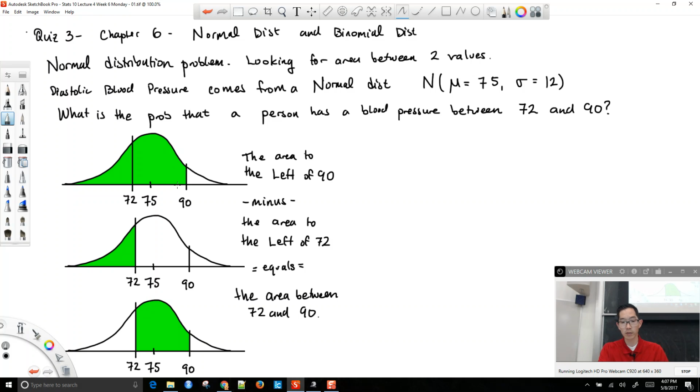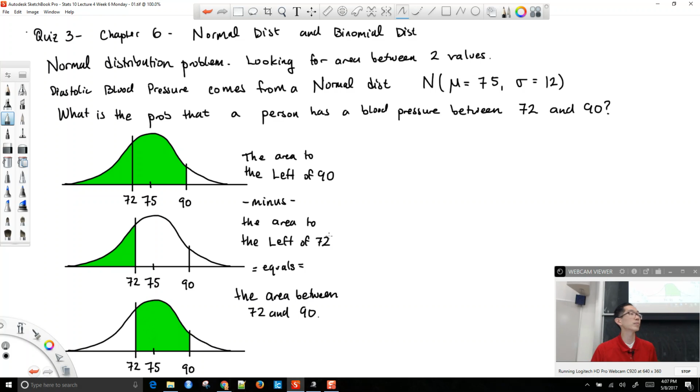So do we see that visually? If we take everything to the left of 90 and I subtract off the part that's left of 72, then I will have the part that remains, which is the area between 72 and 90.